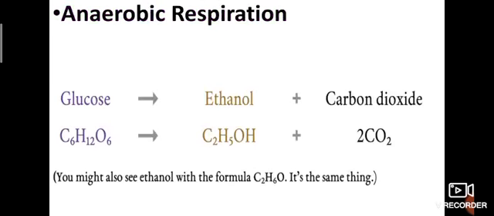So in anaerobic reaction, see this, the food directly gives the energy. That is anaerobic respiration: glucose gives ethanol plus carbon dioxide. For example, fermentation. Do you know the process of fermentation? That is anaerobic respiration.